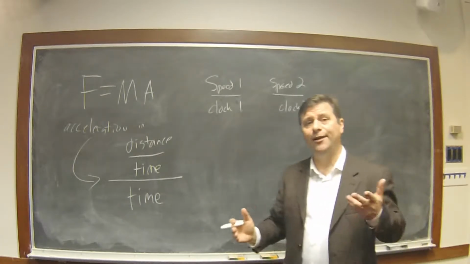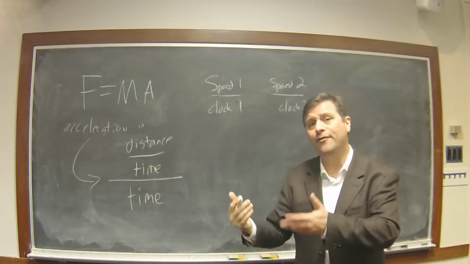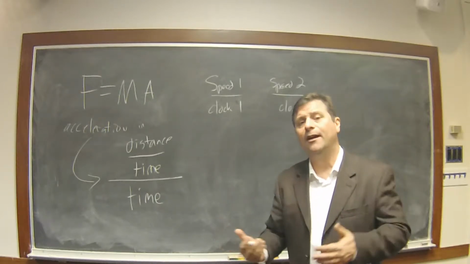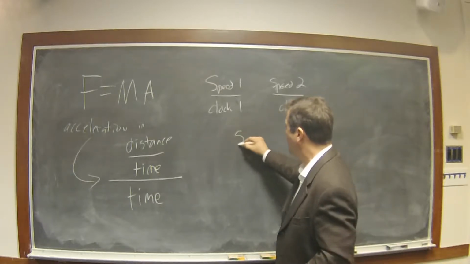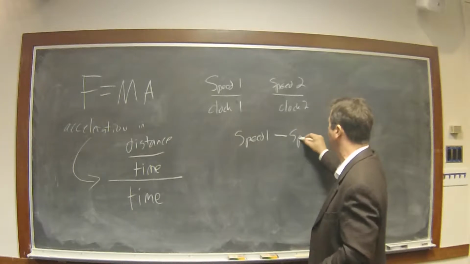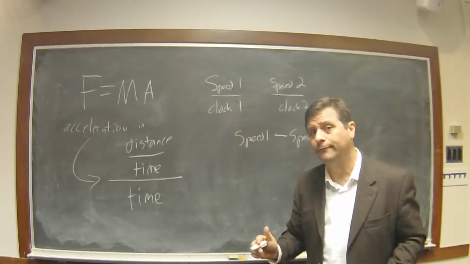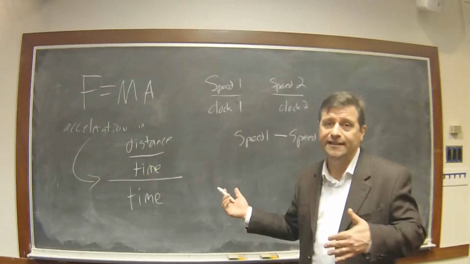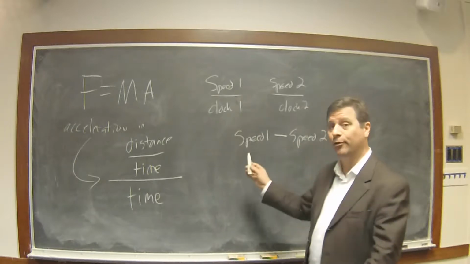Wow, this kind of helps us understand what we're doing. So speed 1, speed 2, we want to compare the change in speed over the change in time. So we'd take speed 1 and subtract speed 2 from it. Now, if speed 2 is slower, we're decelerating. In this case, let's say we're accelerating, then speed 2 would be bigger than speed 1.